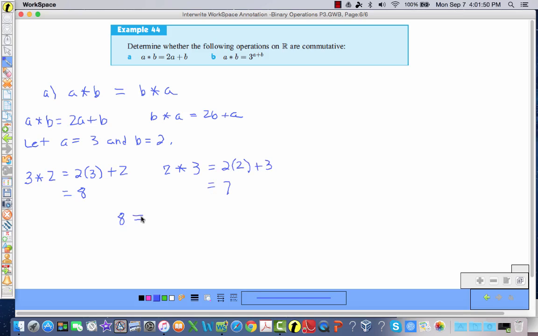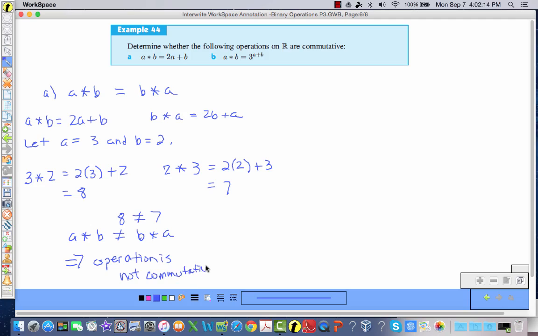And 8 is not equal to 7, which then implies that a star b is not equal to b star a, which then implies that the operation is not commutative. It is not commutative.